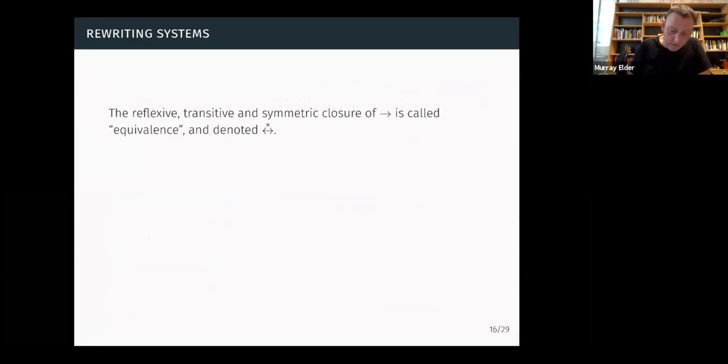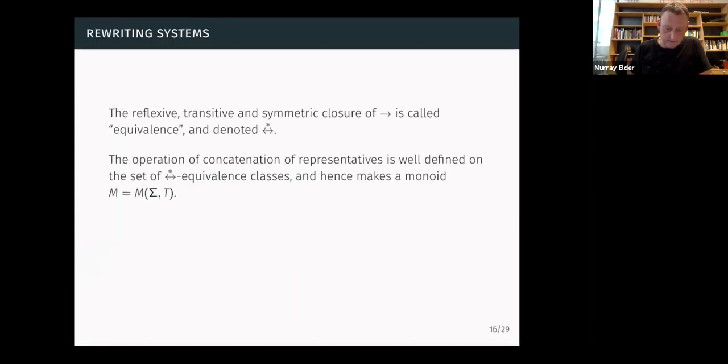And then the reflexive transitive symmetric closure of this is an equivalence relation, and we denote it by that symbol. So the set of all words you can get by going either way, either reducing downwards towards something or going backwards, they're all considered to be equivalent to each other with respect to the rewriting system.